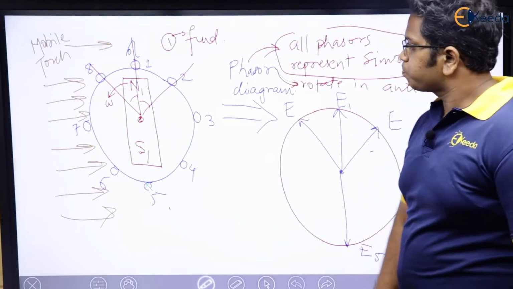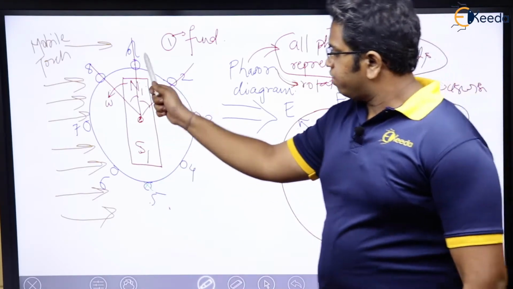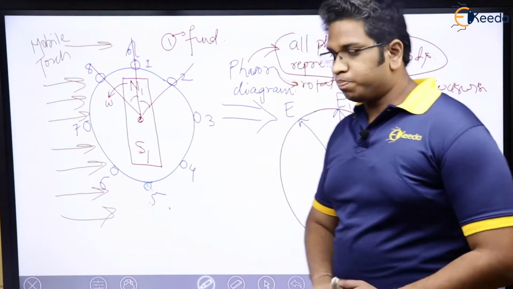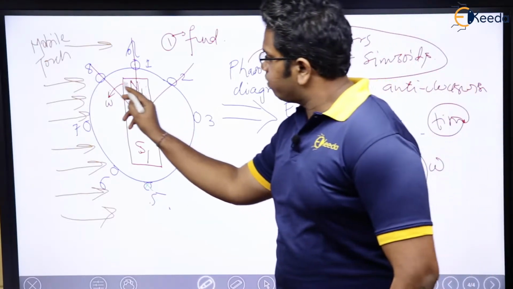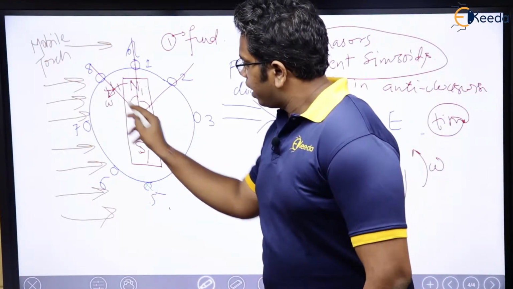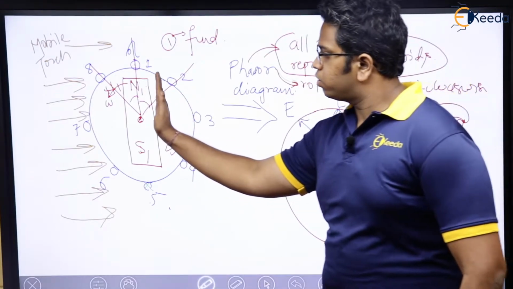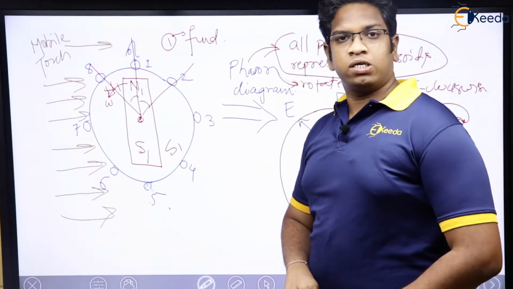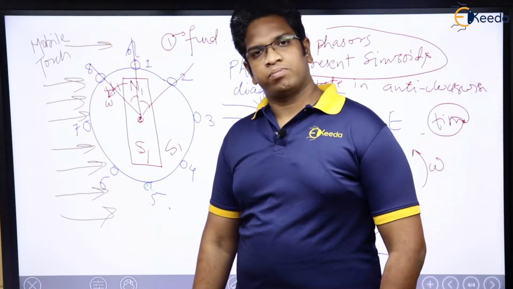Again, see here. Initially, N1, S1, E1, E5 maximum, no problem. After 45 degrees, what happened there? N1 will come here and S1 will come here. So after 45 degrees in space, E8 will become maximum, right?